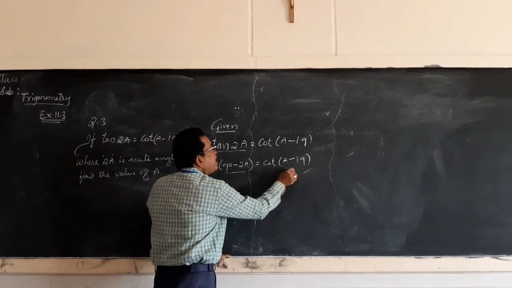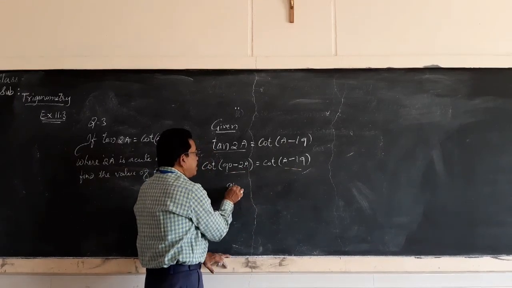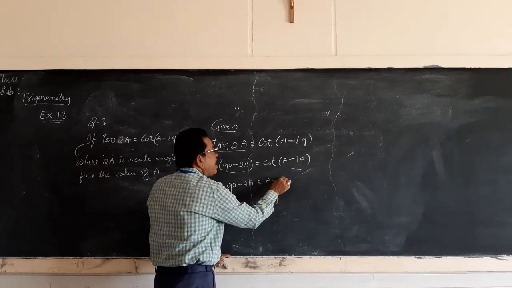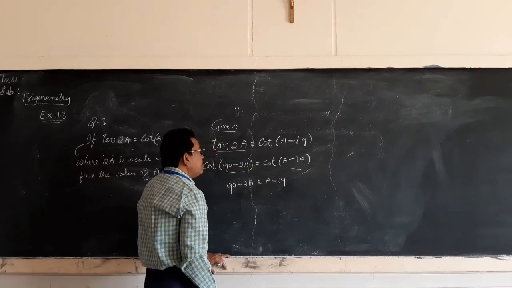Now let us compare. 90 minus 2a equals a minus 19.